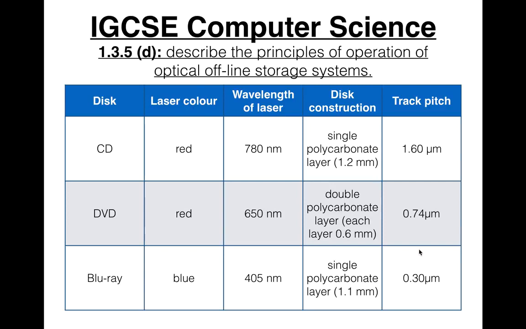Alright. Anyway, that's pretty much it for optical offline storage systems. And before we go, we need to think about the future. Most people nowadays watch Netflix and chill, and they don't really use CDs or DVDs anymore, unless they're my parents.